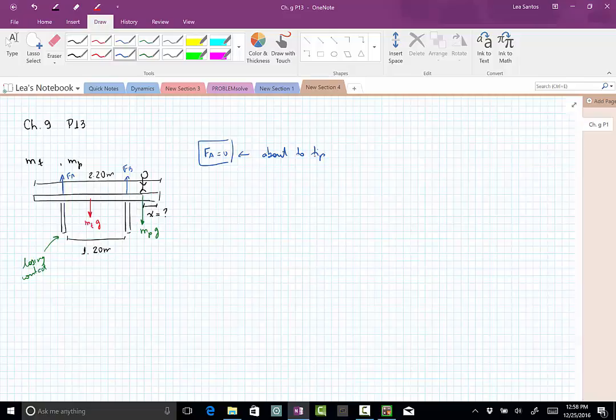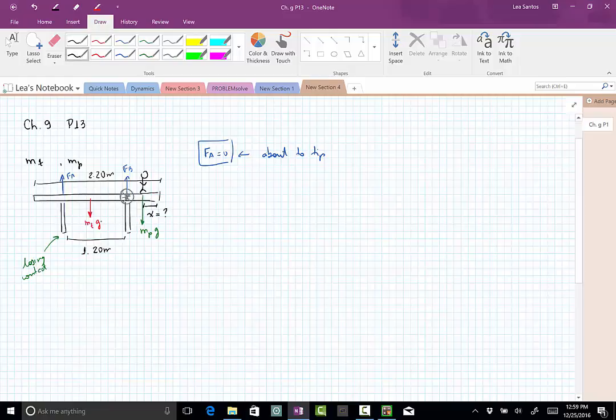Okay, now said that, I'm going to choose a point to be my axis of rotation and write torque with respect to that. The force that I do not know is Fb, so the best place to put the axis of rotation is right here, so I don't need to worry about this force. Okay, so let's write the torque with respect to this point here. And what we have?